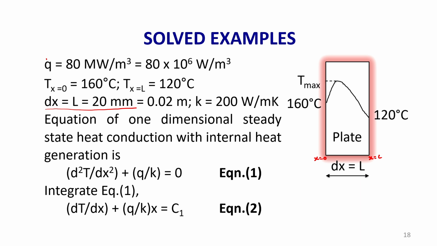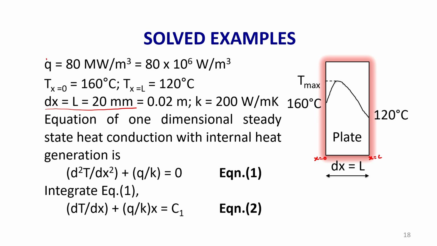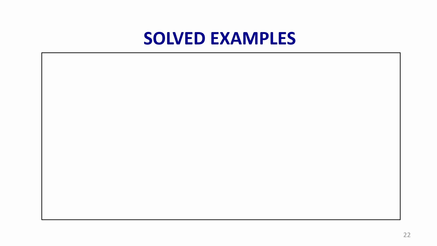If we apply the one dimensional steady flow equation for a plane wall, or a plate, in which internal heat generation is there, this is the standard equation: d square T by dx square plus q dot by K is equal to 0. Normally the dot is used whenever there is an internal heat generation term. So d square T by dx square plus q dot by K is equal to 0.